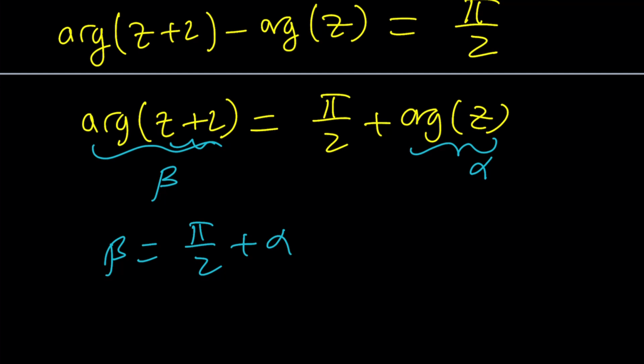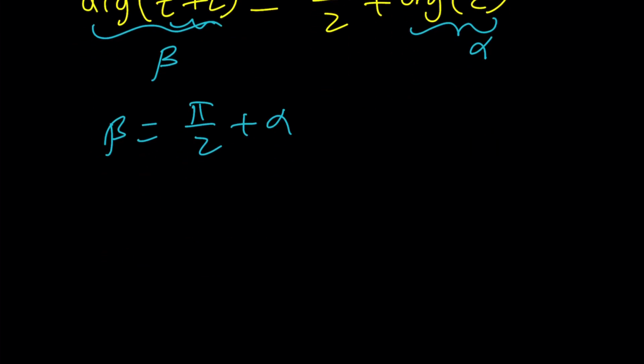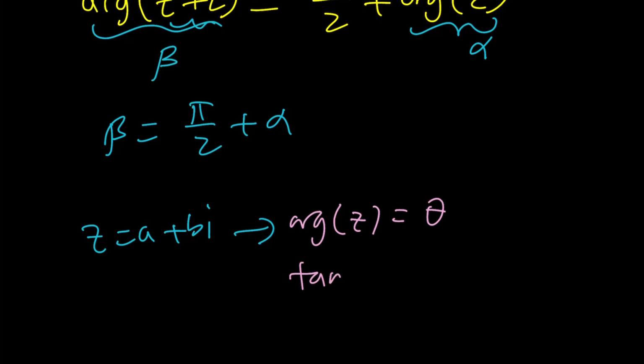Now, what am I going to do with this? Here's the thing. Whenever you're given arguments, always checking the tangent is a good idea. For example, if you have z equals a + bi, which is the name of this channel, right? I hope you know that. From here, we can safely say that if argument of z is theta, then tangent theta is going to be b over a, which is the same as y over x, of course, in the xy world.